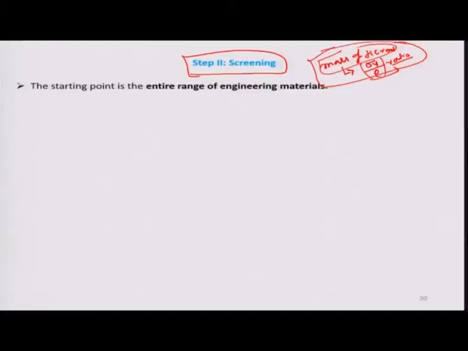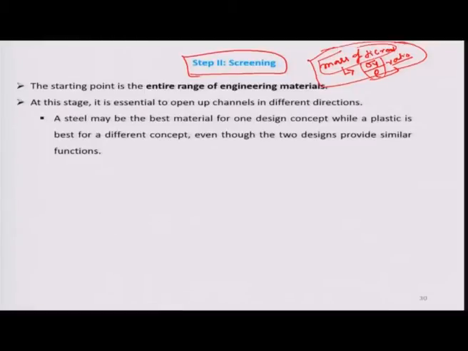Earlier I showed you in the very first slide in lecture module 26 that a variety of materials are available for a fabrication process. So, we can't look at every material for fabrication of our product. Now, at this stage, first it is essential to open up channels in different directions.